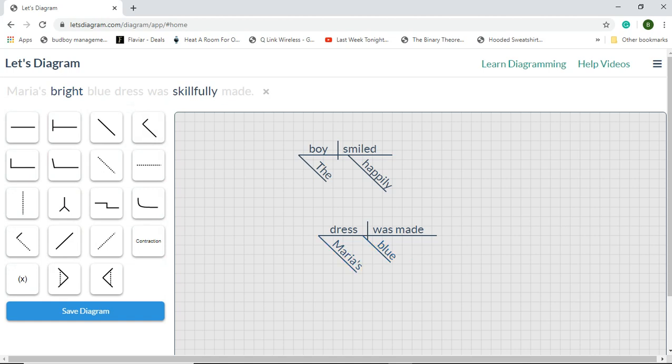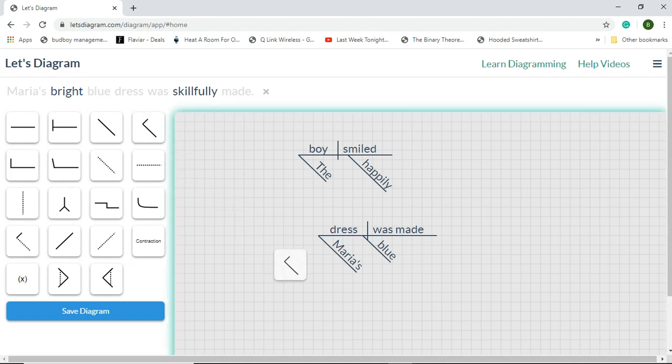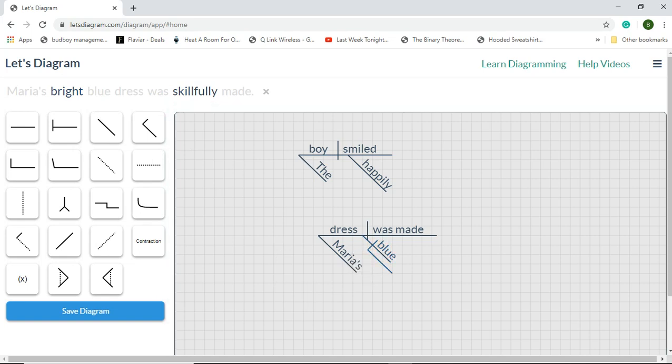The blue dress. Okay, now let's take a look for our adverbs in the sentence. We have two. Bright is an adverb, okay? And it's modifying blue and answers the question how? So we put our adverb line right underneath the word it's modifying.